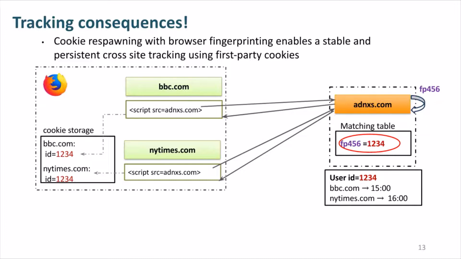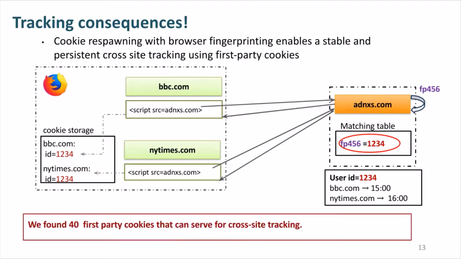As a result, on the user's browser, we will have 2 first-party cookies set by adinaccess with different hosts and same value. Using these cookies, adinaccess can ensure persistent cross-site tracking without relying on third-party cookies. We detected 40 respawned first-party cookie instances that are set by the same domain on different websites and share the same value. These cookies can serve for cross-site tracking.